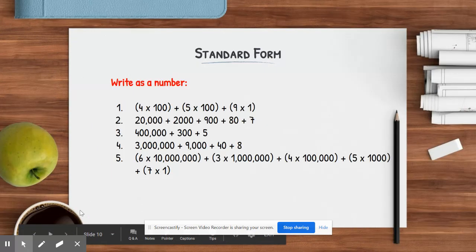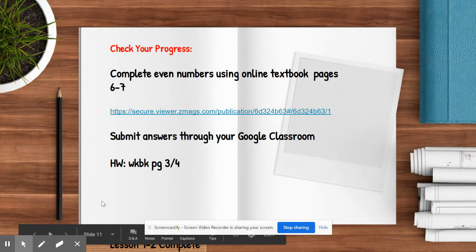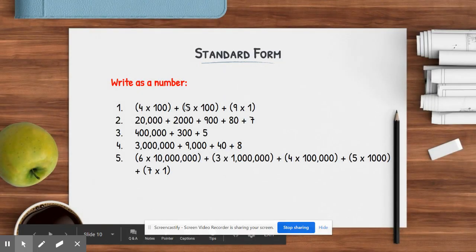So the next thing I see is standard form. Now remember, this is all lesson 2, friends. When we get through this, we will have completed lesson 2. So, standard form, what is standard form? Mason, what's standard form?